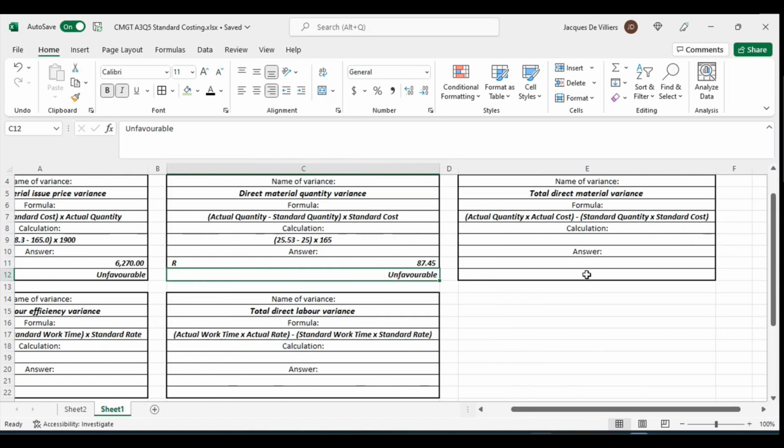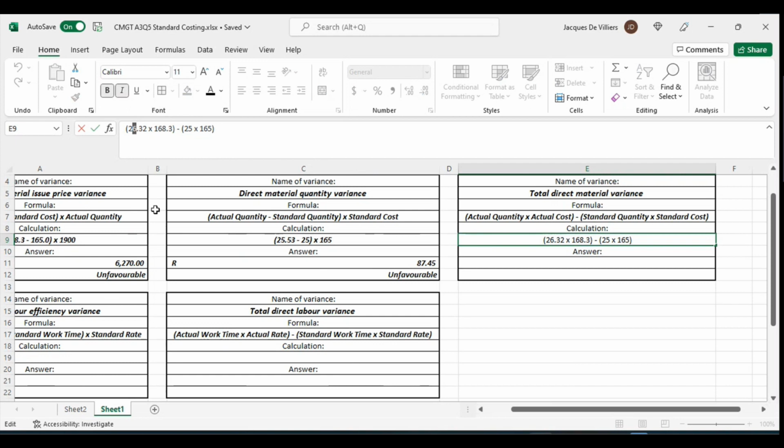Okay. Then I get to total direct material variance. Now here we look at the actual quantity multiplied by the actual cost, and from that we subtract the standard quantity multiplied by the standard cost. Now I'm obviously going to sit with the exact same problem here. This which was wrong, that is not 26.35, that is 25.53.